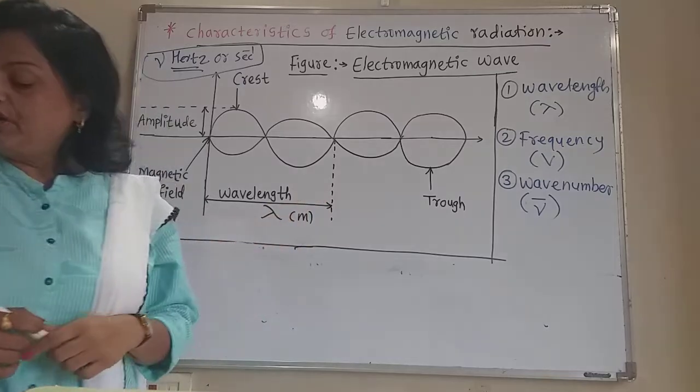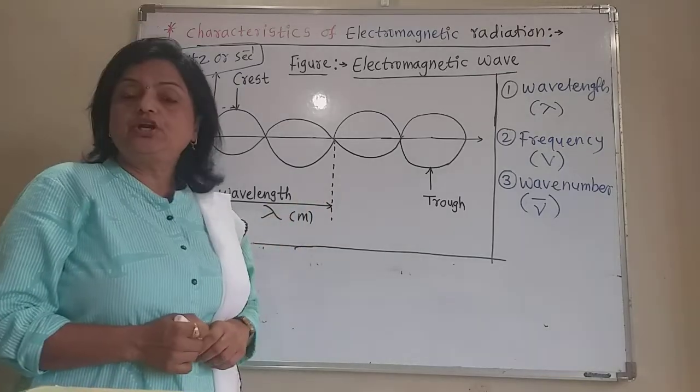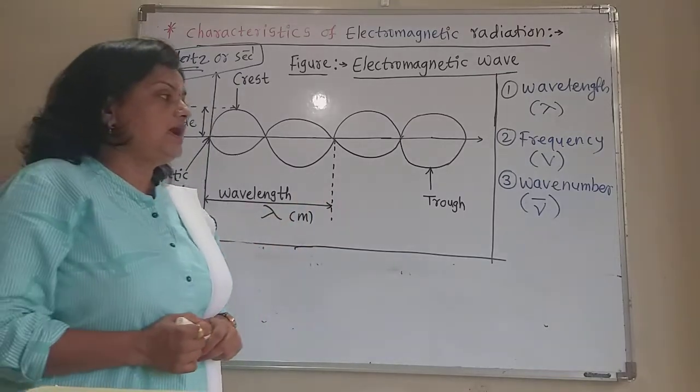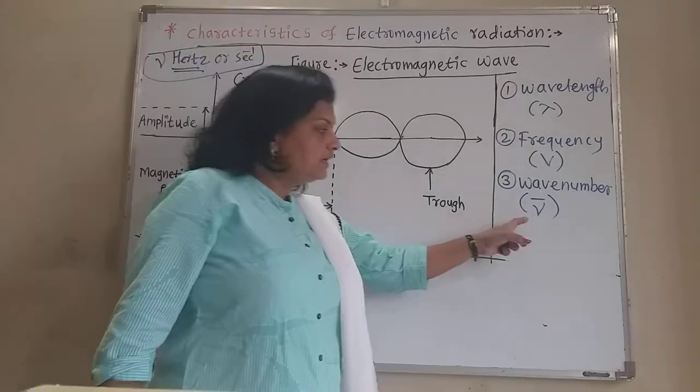The unit of the wave number is per centimeter or per meter, and it is given as nu bar.